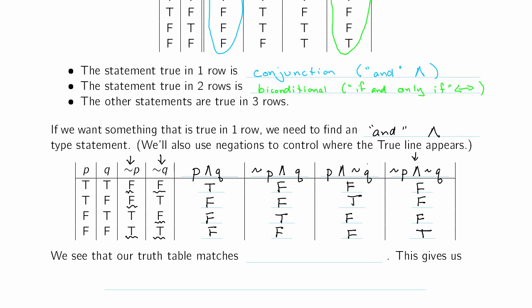And we notice that by doing this, we were able to get our true in whichever row we like. So no matter where we want to get our true, with the right combination of negations and and, we can get it in whatever row we need it in. We noticed this before when we were using truth tables to symbolize statements, but it's an important thing to note. It also helps us find equivalents.